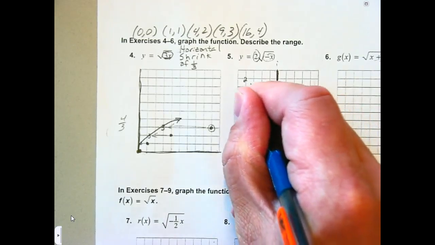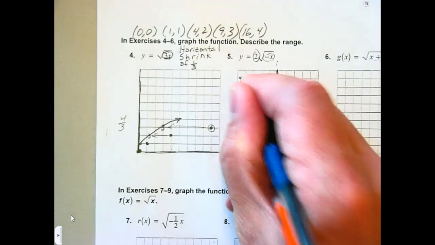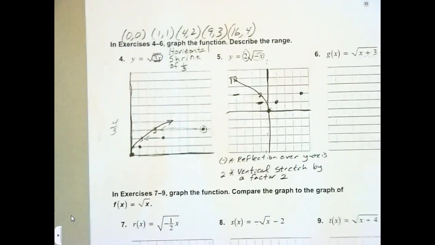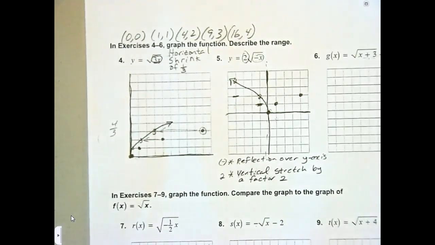So my graph looks like that right there. Now you guys, you could build a table doing this if you wanted. The tables will work just fine. Just like we talked about the other day, I'm fine with you making tables, but if you can learn the patterns, it's so much faster.